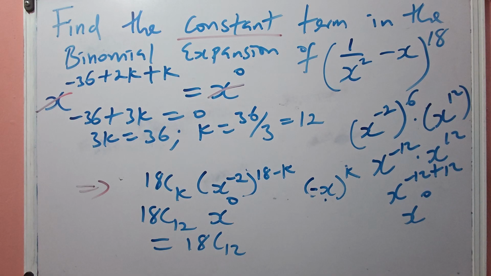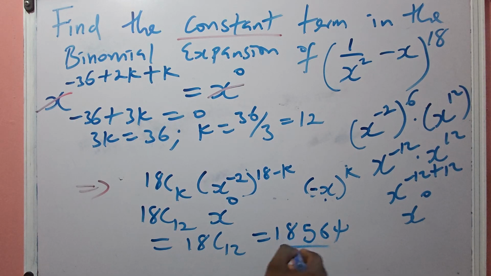So we are very fine with it not having x, because that was exactly the point we were trying to make. And if you go on to find 18 combination 12, you'll get a final value of 18564.